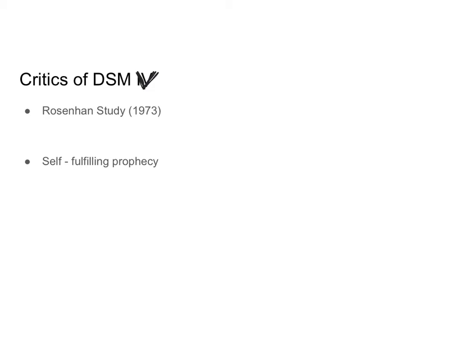Critics of the DSM. Well, there was a study that we'll talk about in class called the Rosenhan study, and this happened in the 70s. Essentially, what they did was they placed healthy individuals in a mental institution.